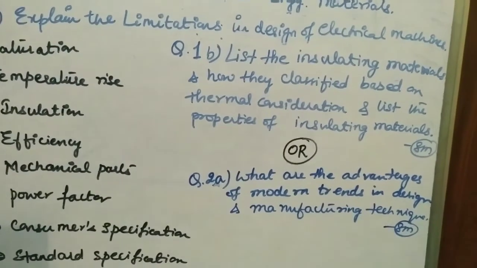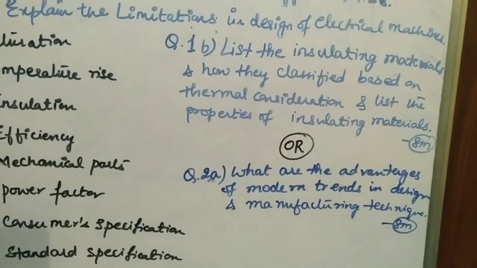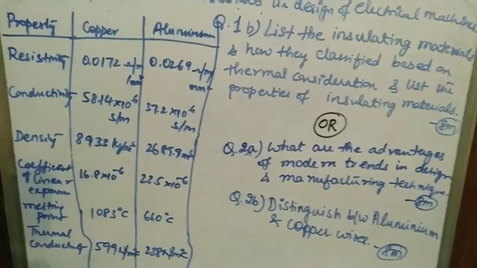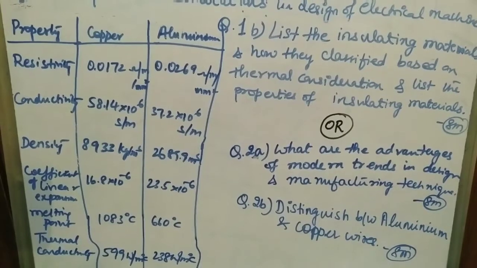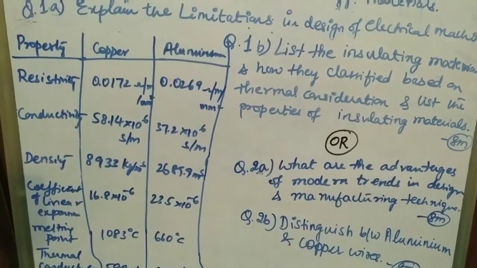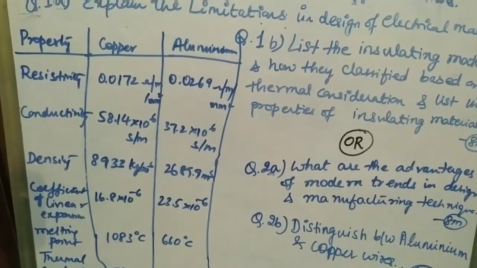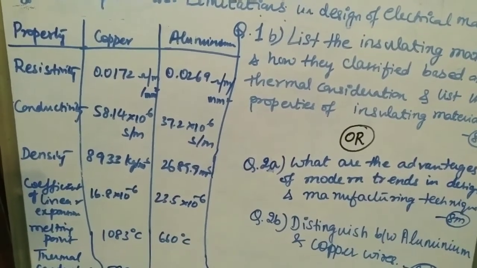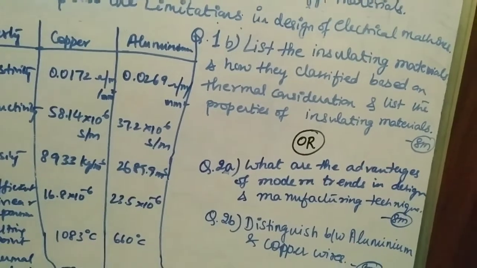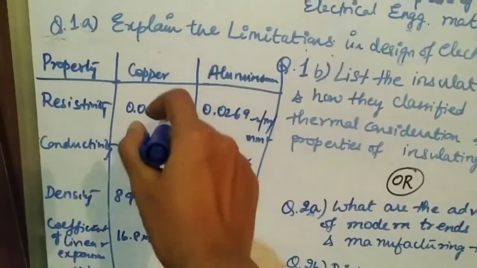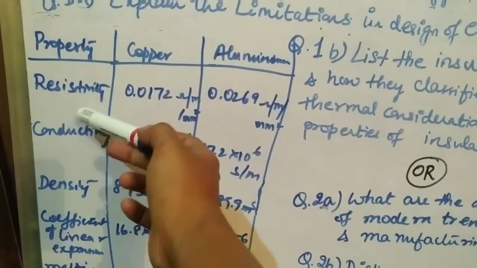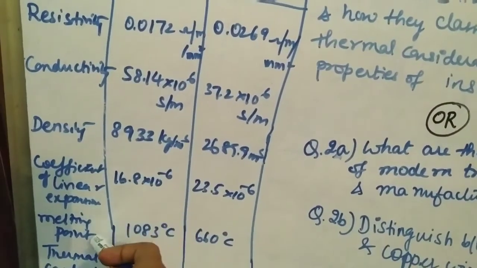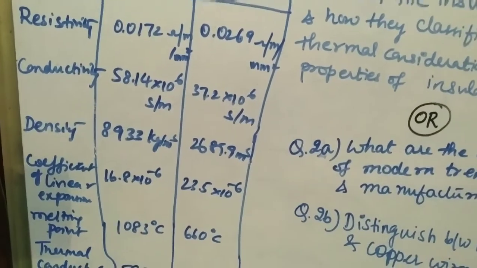The next 2B question is: distinguish between aluminum and copper wires. For this, we have to bring out certain properties and segregate copper and aluminum based on them, such as resistivity, conductivity, density, coefficient of linear expansion, melting point, and thermal conductivity.